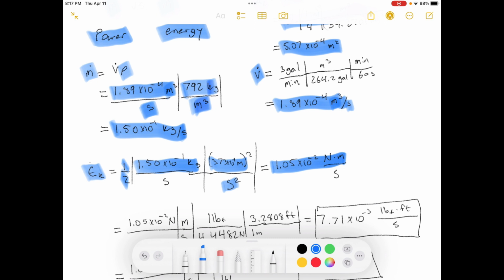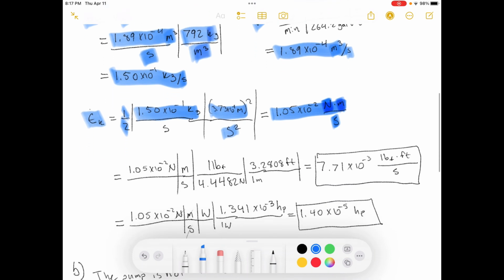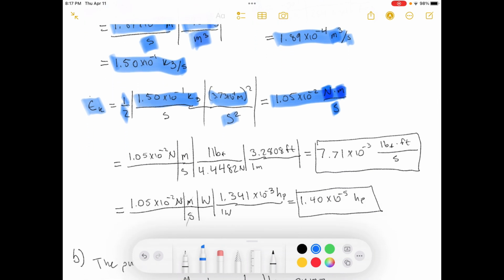That gives us this. I could write this in watts, or joules per second, but I decided to keep it as Newton meters per second. I did that because it makes this next unit conversion easier. Because we're working in Newton meters per second, it's easy to change our newtons into pounds force, because they're both forces, and to change our meters into feet.